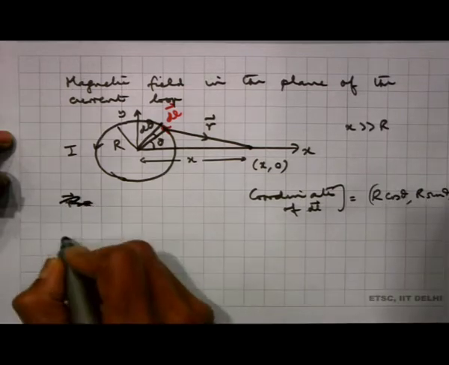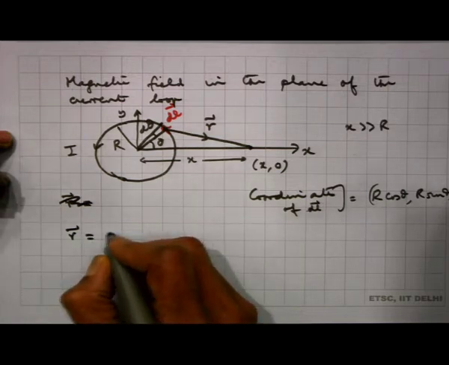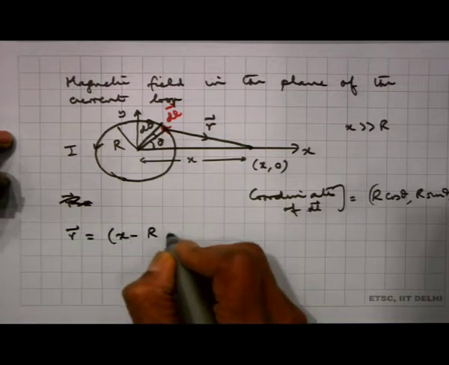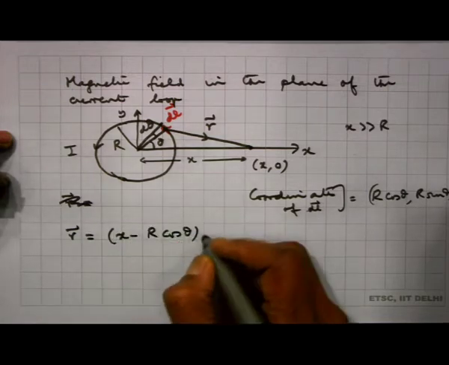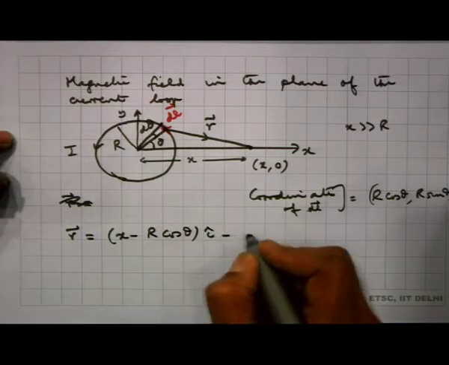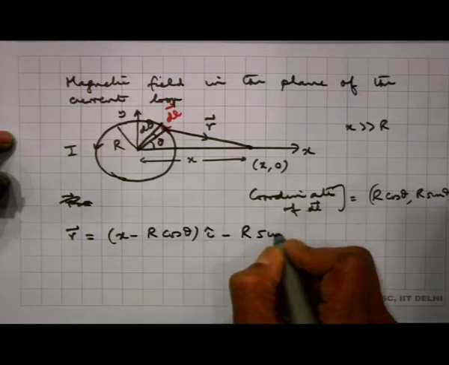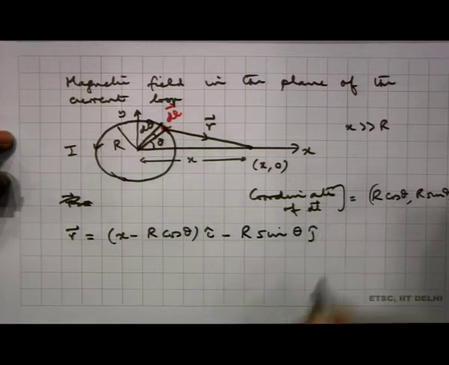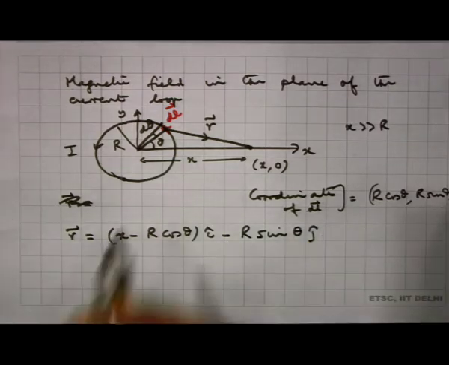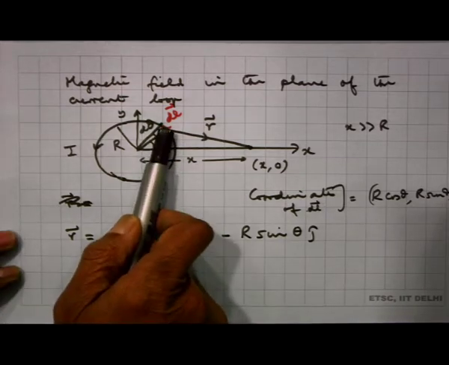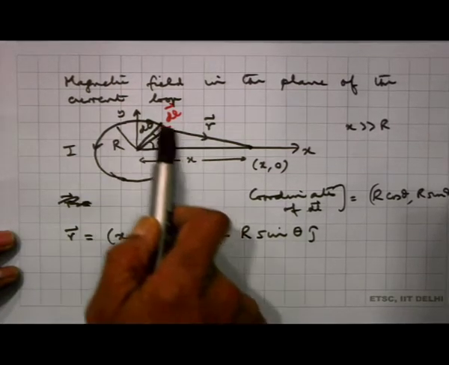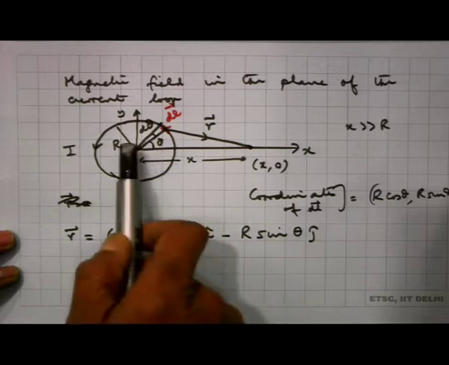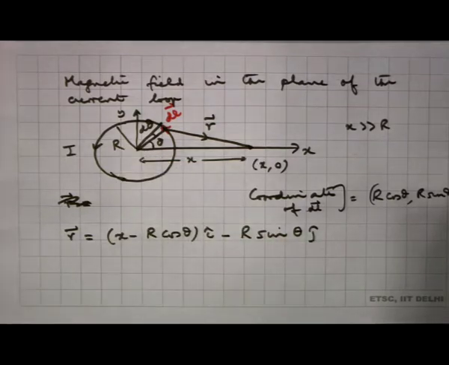So, the r vector will be (x minus r cos theta) i cap minus r sin theta j cap. So, this is my r vector, and as theta changes, as I move my dl current element along the loop, theta changes and this r vector changes.